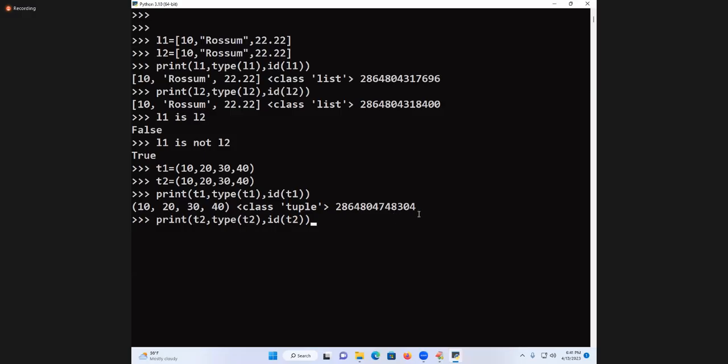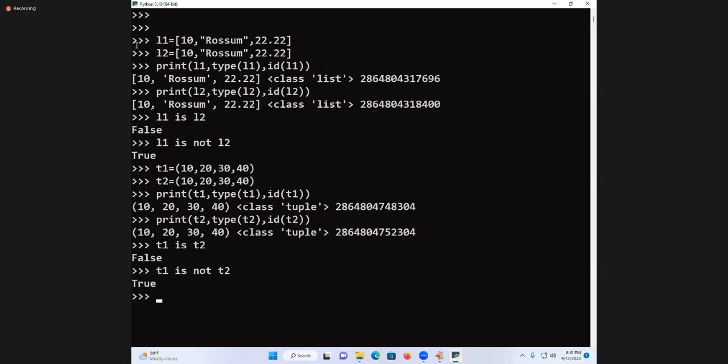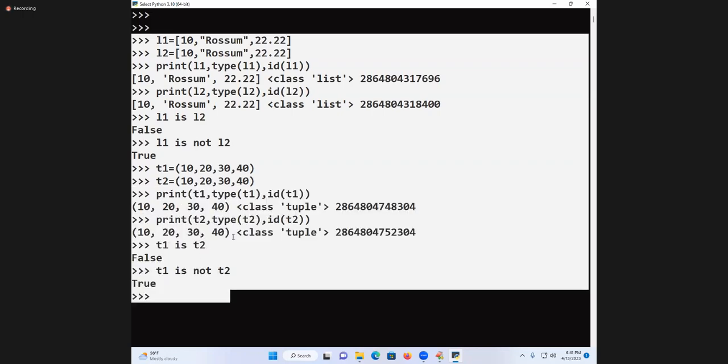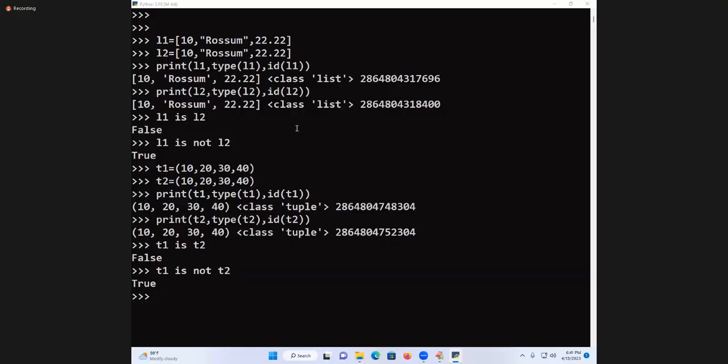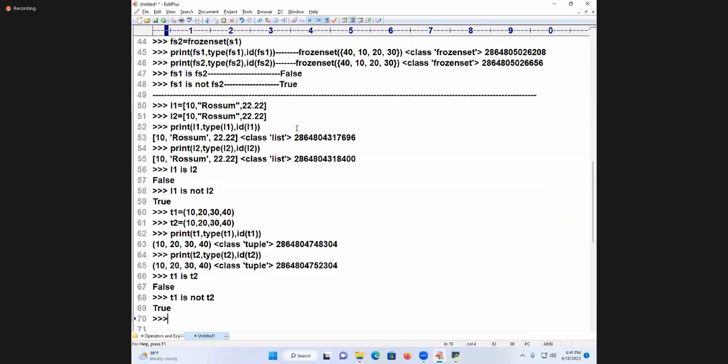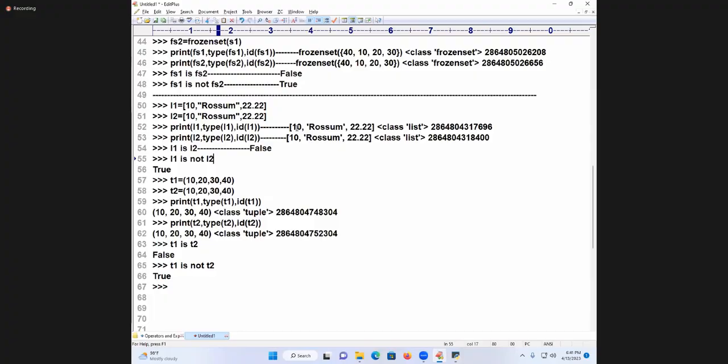It is going to be different ID, right or not? T1 is T2, false. T1 is not T2, true. This is similar to set and dictionary, not an issue here. Okay. L1 is L2, L1 is not L2, is done.